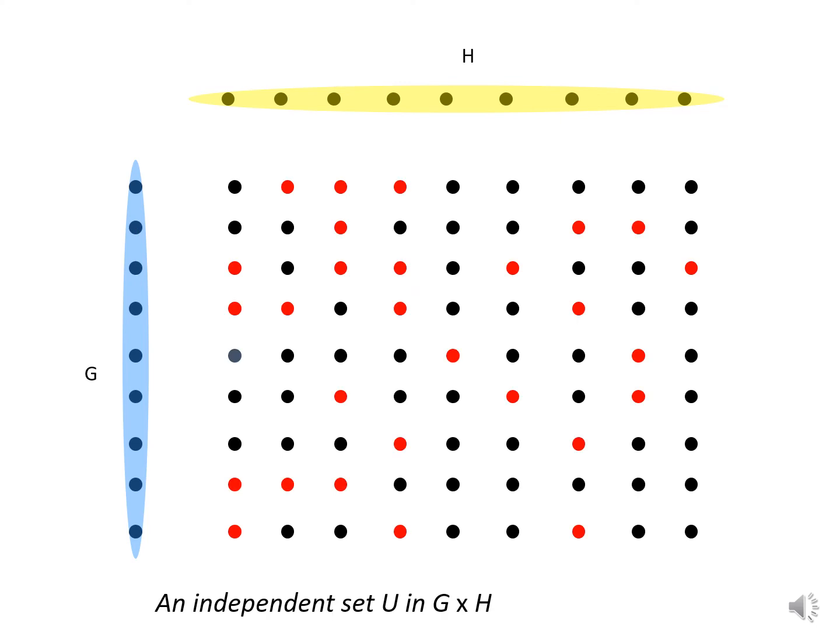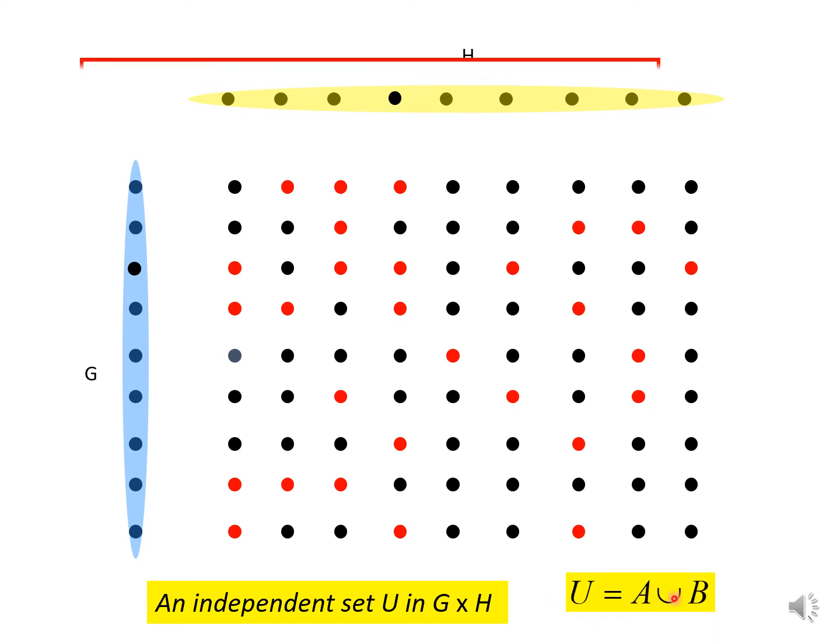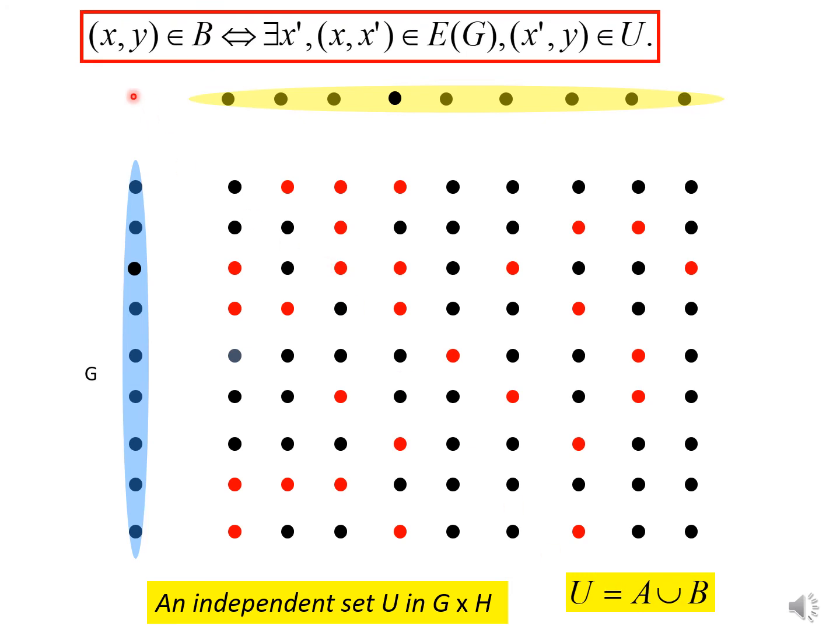We take an arbitrary independent set of the product graph. Say the red dots form an independent set U in this product graph. First, we're going to define a partition of U into two sets, A union B. This is a disjoint union. Now, what is B? B is defined as follows.